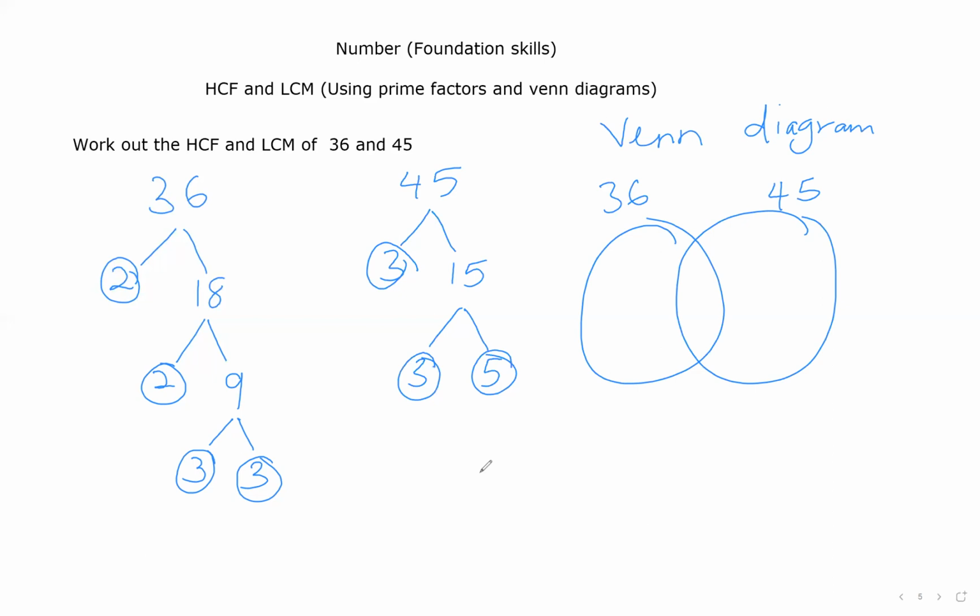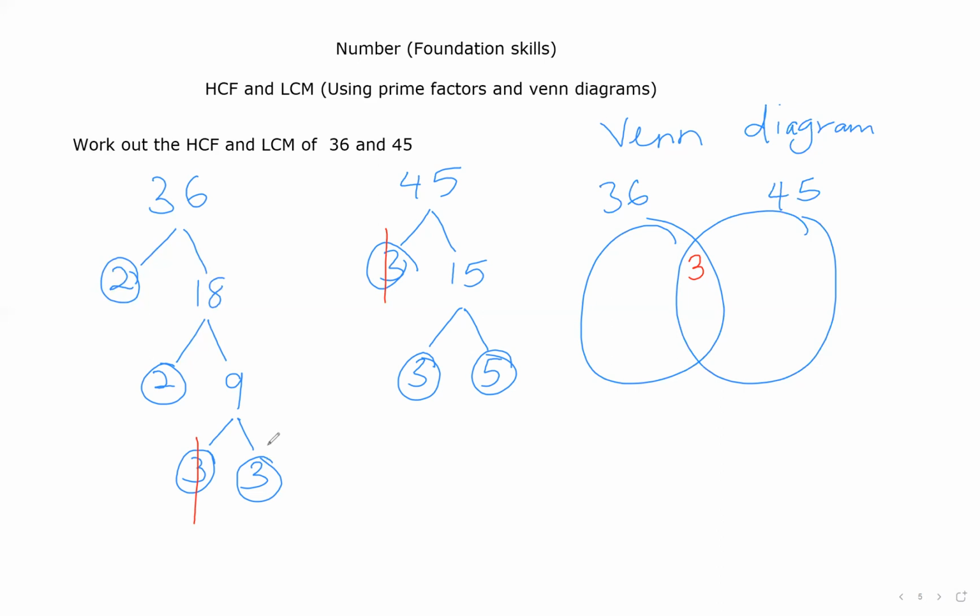I can see that 3 is common. I'm going to take off a 3 from 36 and from 45 and write that 3 in the common space. Now, I did not write 2 3s. I wrote only 1 because in that space, 3 is common to both of them. And when I cancel 1 3 from each of those numbers, 1 3 goes in the common space.